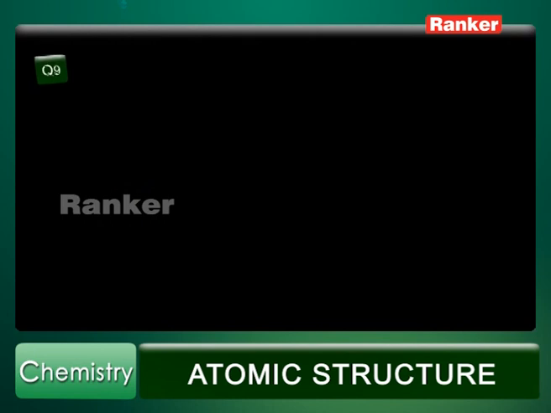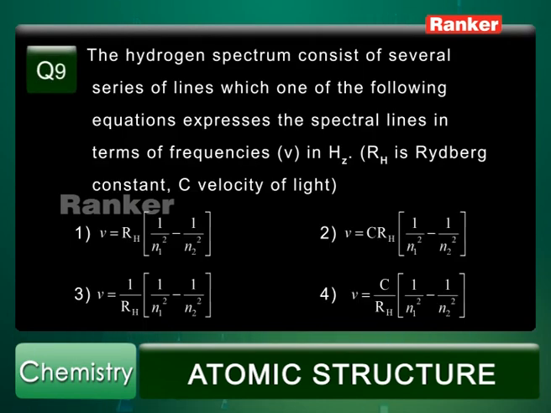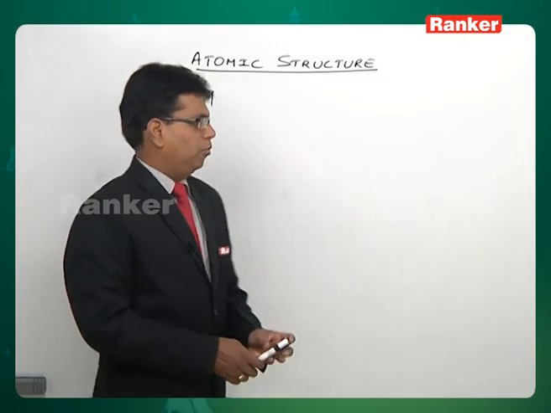Question number 9 reads: the hydrogen spectrum consists of several series of lines. Which one of the following equations expresses spectral lines in terms of frequencies in hertz, where RH is the Rydberg constant?